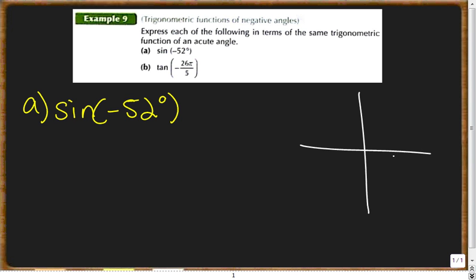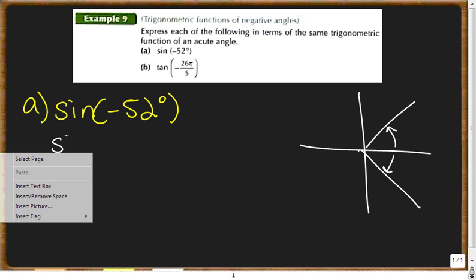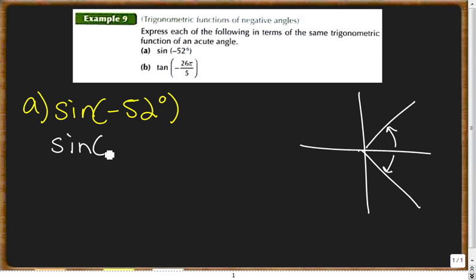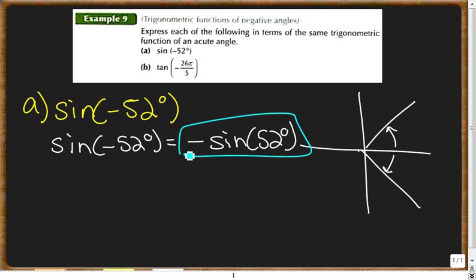If we're at negative 52 and want an acute angle, what would it be if it was the opposite? Well, the sines would be the opposite of each other. So the sine of negative 52 degrees would be the opposite of the sine of 52 degrees. Right? So that's quite nice.